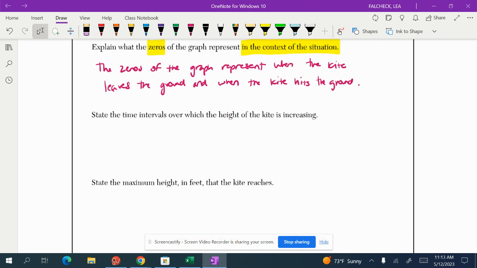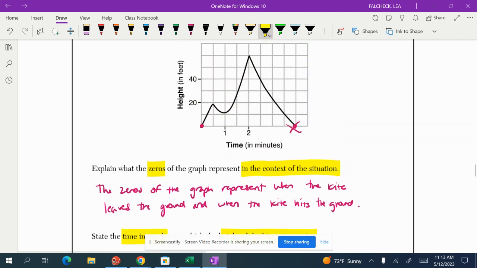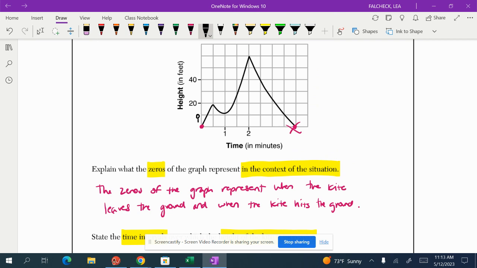State the intervals, or the time intervals over which the height of the kite is increasing. So the kite is going to be increasing when, if you were to pretend you were a little man and you were walking on this graph, wherever you are walking uphill, that's where the height of the kite is increasing.